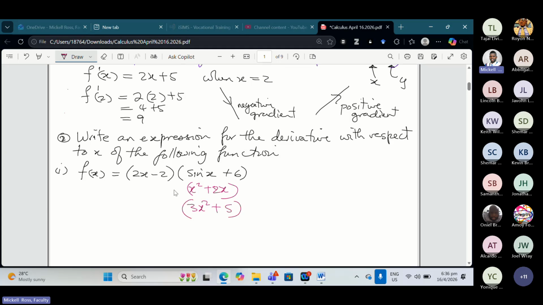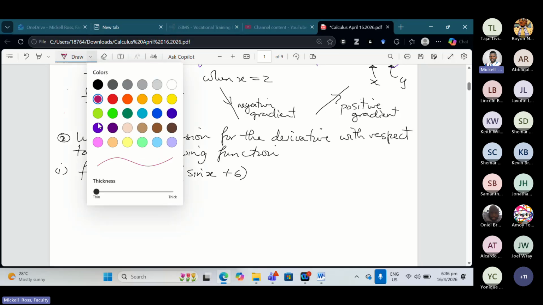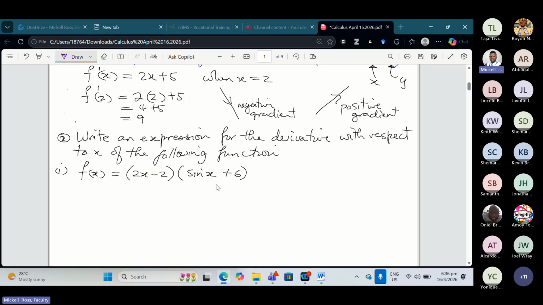The concept that we're looking at here is that you have two things multiplying, so we have to use the product rule. We're not looking at what is in the bracket. It is the principle of how to work it out. That is what we're going to be focusing on. So it could have been anything in the two brackets, a quadratic function in the first bracket and so on.